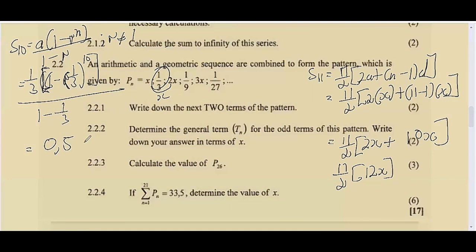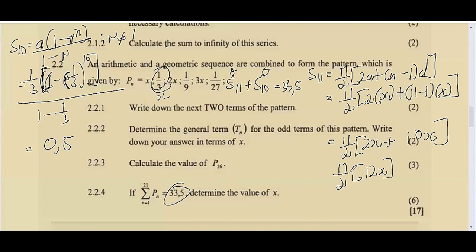Now remember, if we add S11 of the arithmetic and S10 of the geometric, they should give us 33.5, because it is the sum of the first 21 terms. Now from this, what do we get? 11 over 2 multiplied by 12x.